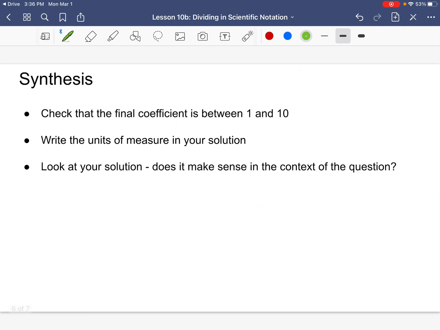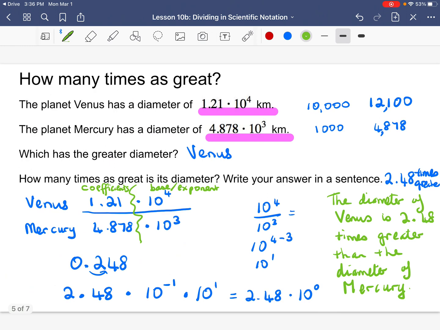So, to summarize, check that the final coefficient is between 1 and 10. Write the units of measure in your solution and look at your solution. Does it make sense? So let's go back and do that. We said Venus was 2.48 times greater.